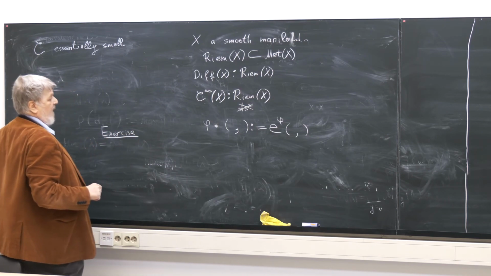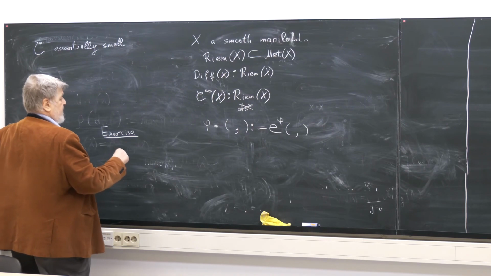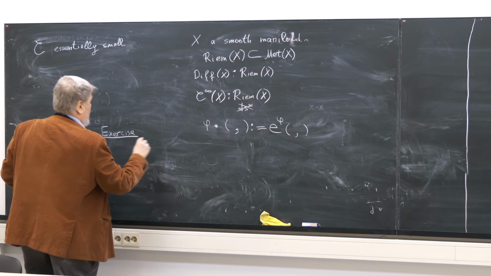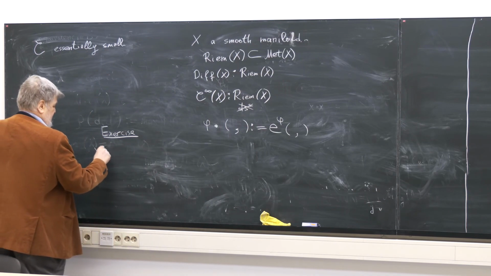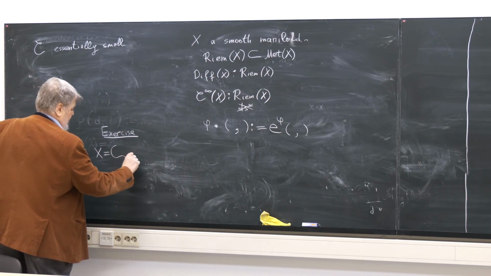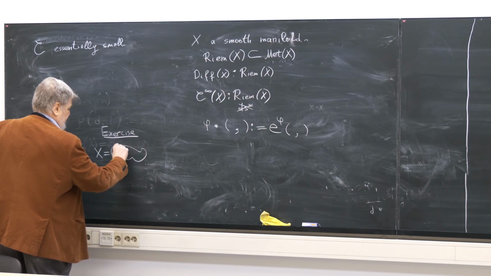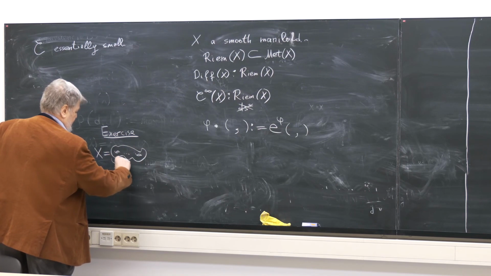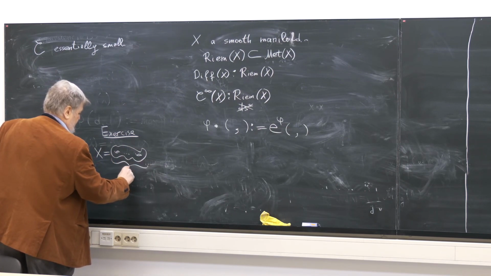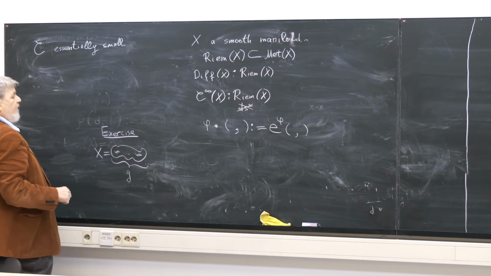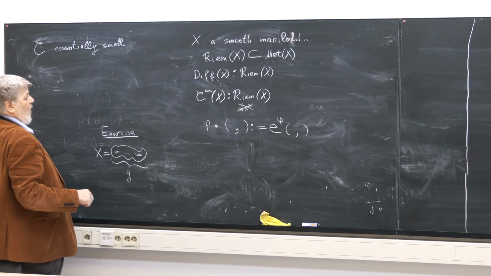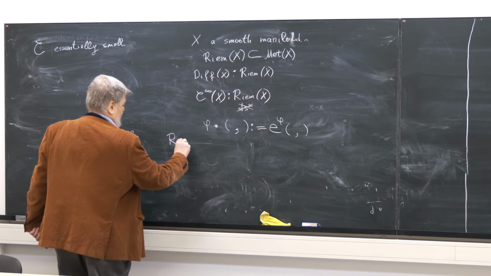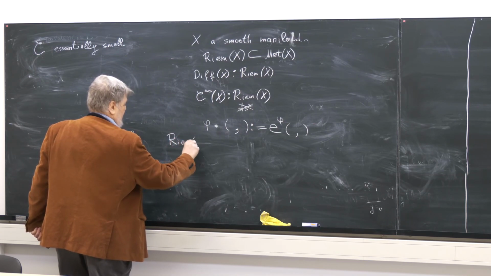First, check that there is such a group. Well, maybe in the case when X is a surface of genus g, then we take the set of its Riemannian metrics.